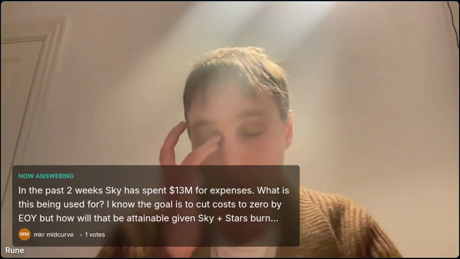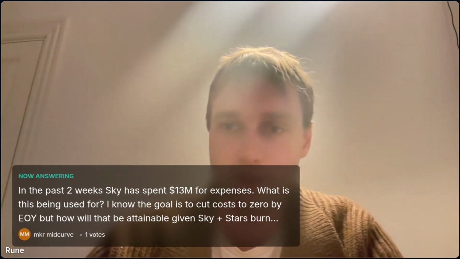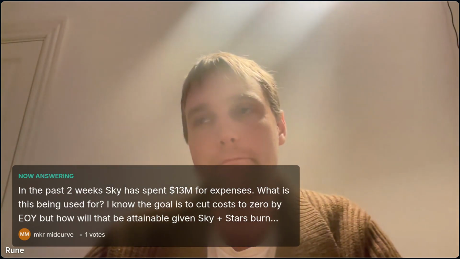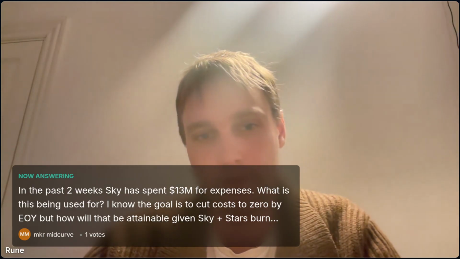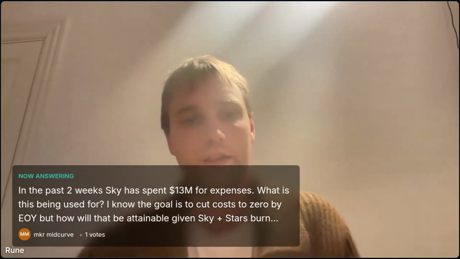So first of all, I think the most important thing to call out is that a lot of what looks like expenses currently are really integration boost and liquidity costs. What that basically means is that, for instance, when people deposit USDS on Aave, or if they deposit USDS on Camino, on Solana, then they earn USDS tokens as a kind of yield farming reward.